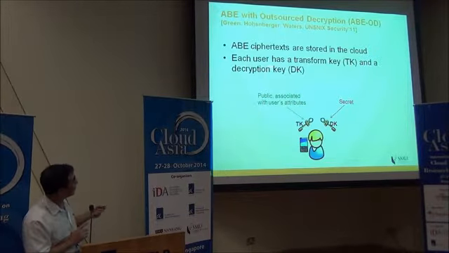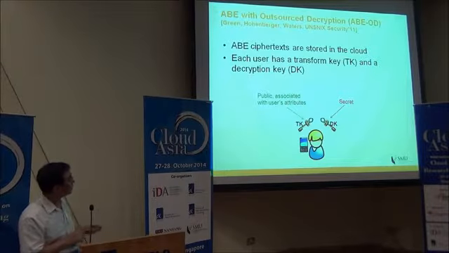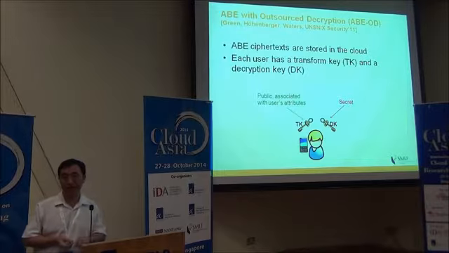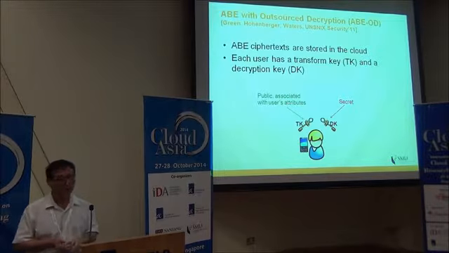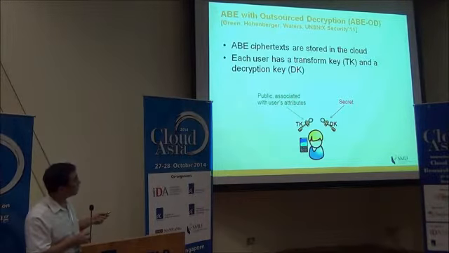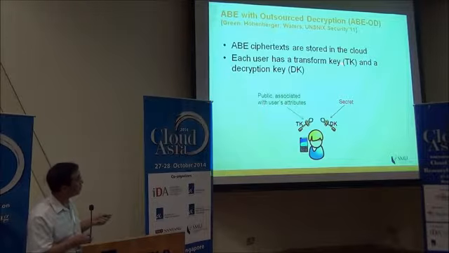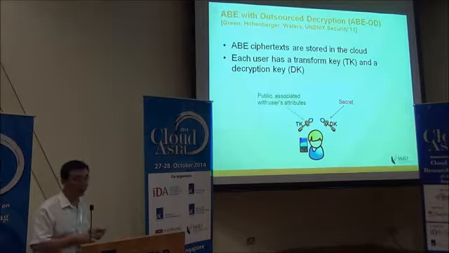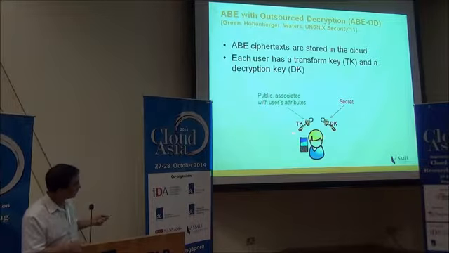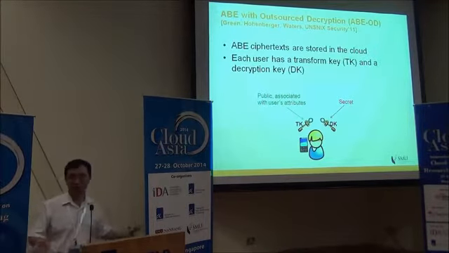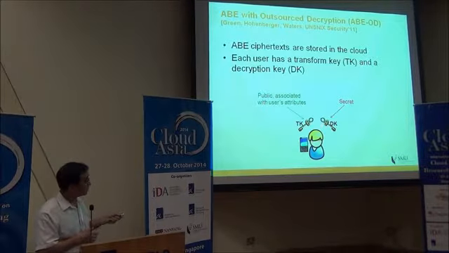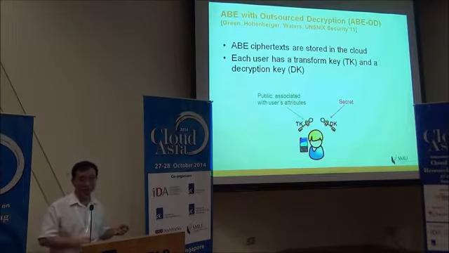So the technique works as follows. The ciphertext is stored in the cloud, and each user, instead of one secret key to perform decryption, is given a transform key, TK, and a decryption key. So each user is given these 2 key values. The transform key is public information. The decryption key is secret information kept by the user.